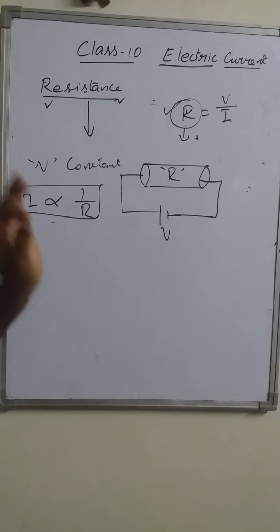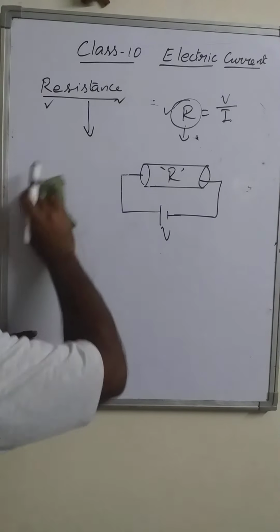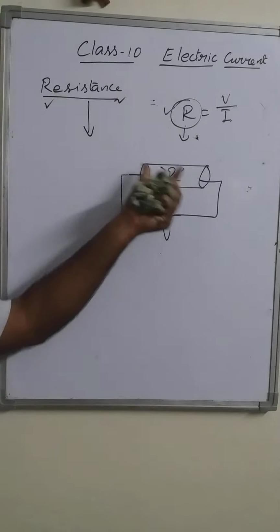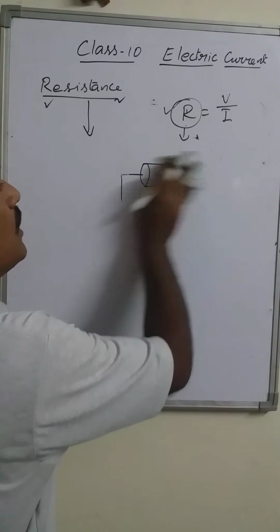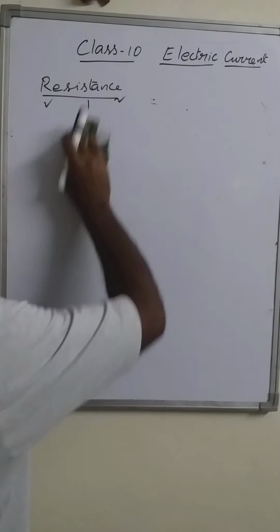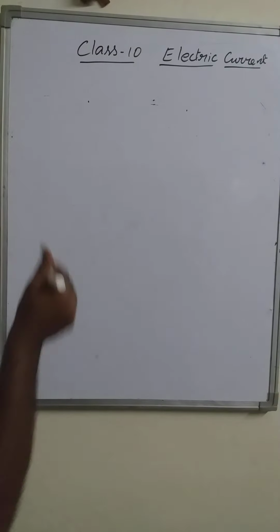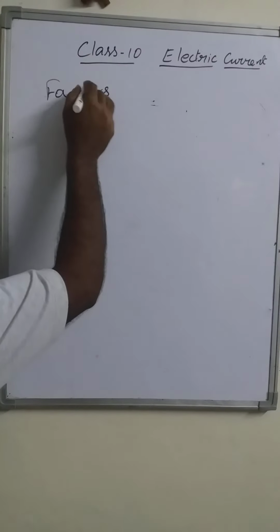But it also depends on some factors. The resistance of a conductor also depends on some factors, which means by changing the factors, the resistance of the conductor also changes. So we list out the factors on which the resistance of a conductor depends. There are four factors.